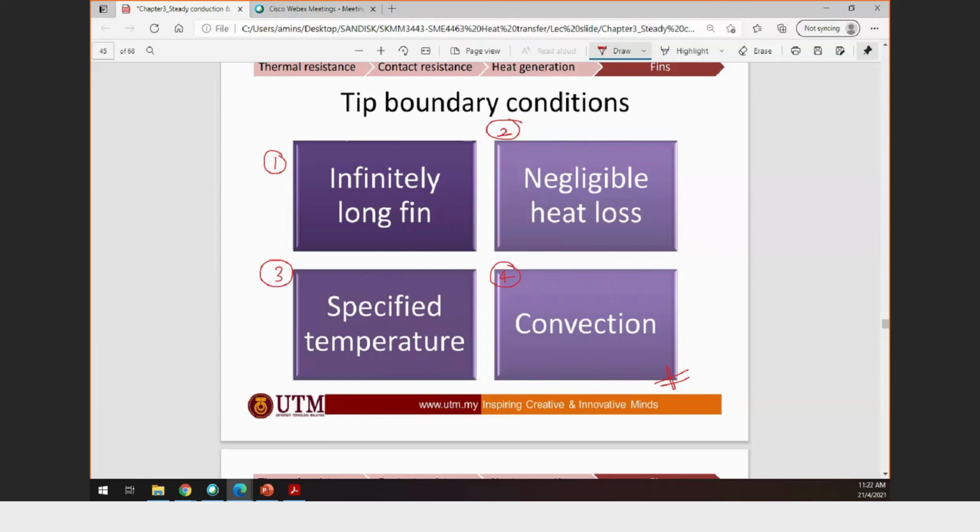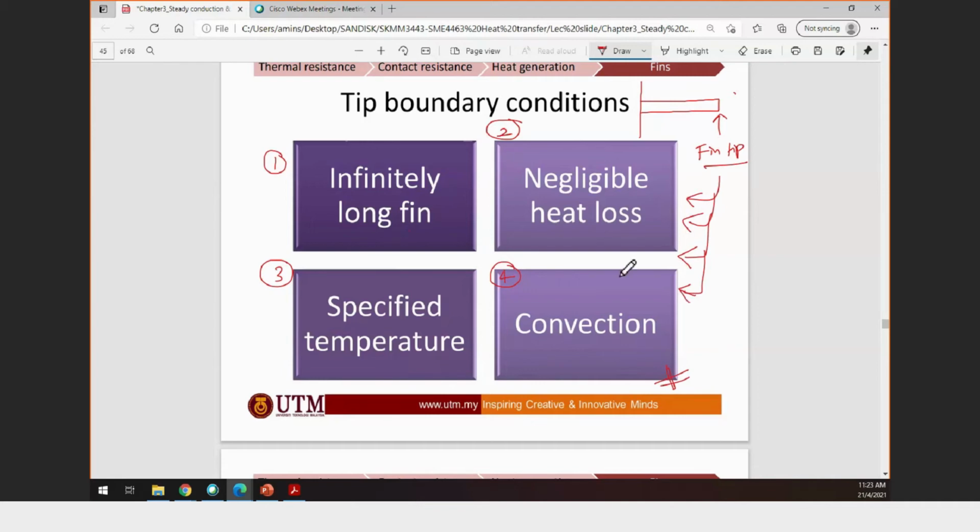Okay, so imagine this is the fin, and this is the boundary condition here. So for the fin, there are all these four boundary conditions.